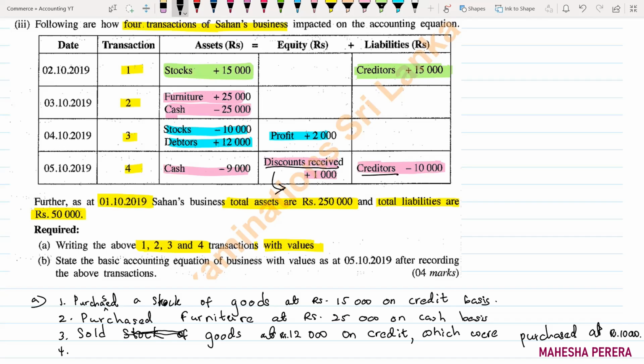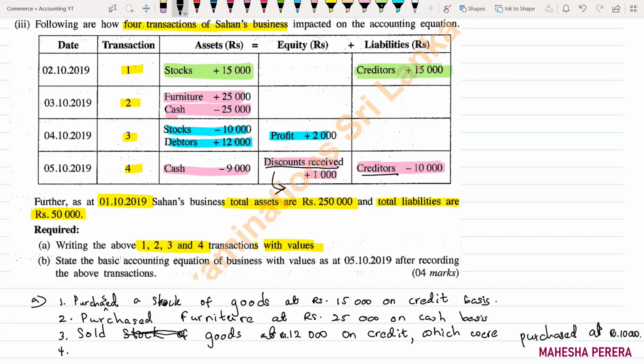Right? In which situation does a business receive a discount received from its creditors? Obviously when the business tries to settle its due amount to the creditors. When the business makes cash payment to its creditors, right?